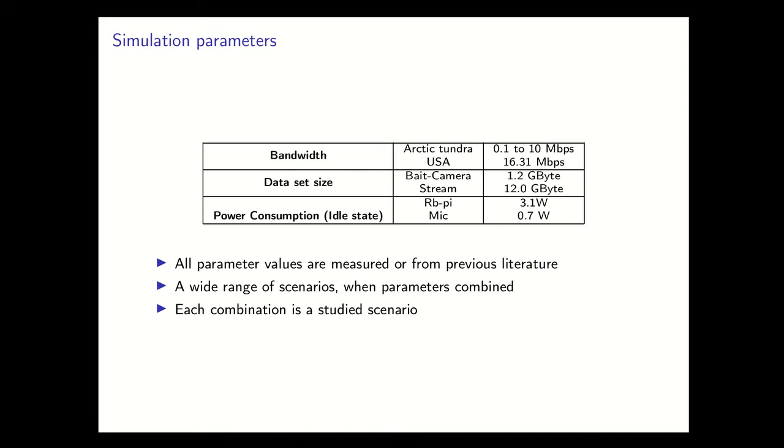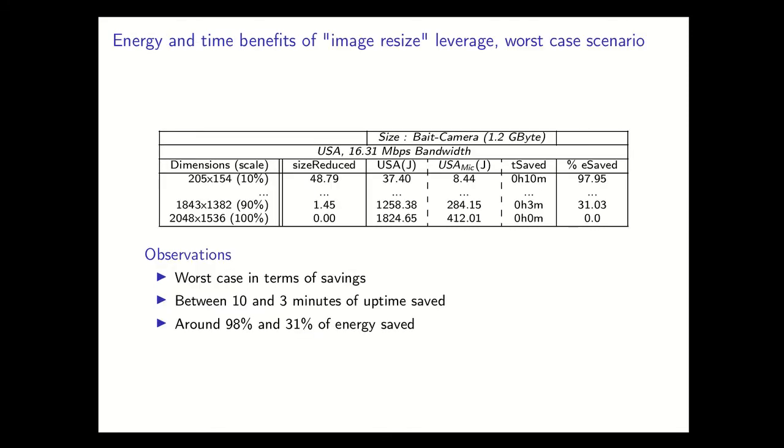Obviously, we won't have time to cover everything here, but we will cover two cases, the worst case that we have seen and the best case. The worst case scenario in terms of energy and uptime benefits is where the data is the smallest, thus the bait cam, and when the bandwidth is the highest.